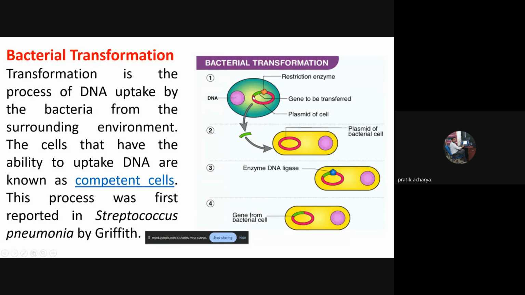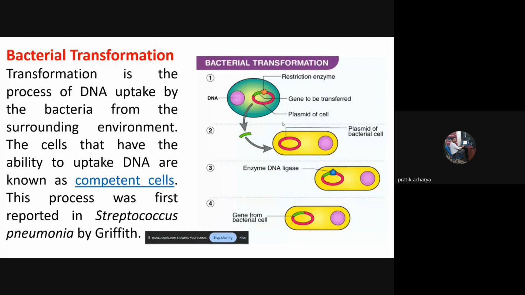From this DNA, we have to select the particular portion, this portion. And we can cut this portion by using any restriction enzyme, which is considered a molecular scissor, which can cut the DNA at a particular point.